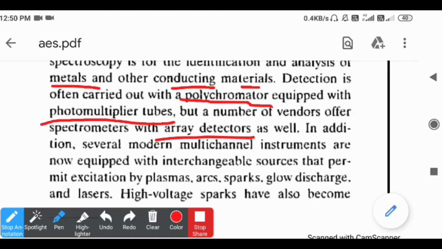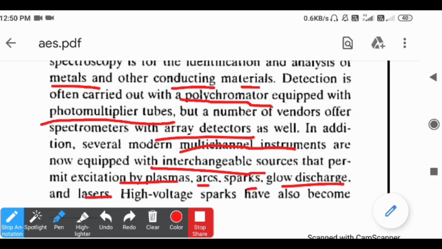In addition to this, modern multi-channel instruments are also there. They often have interchangeable sources that permit excitation by various sources, such as plasma source, arc source, spark source, glow discharge tube and laser sources.